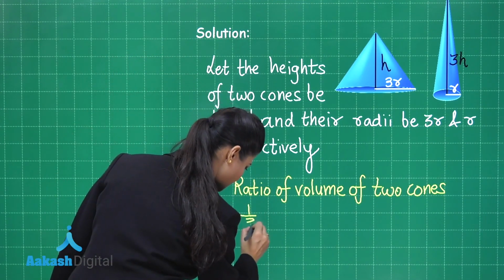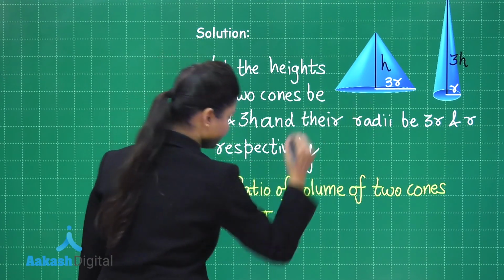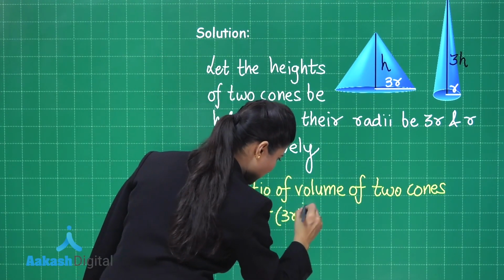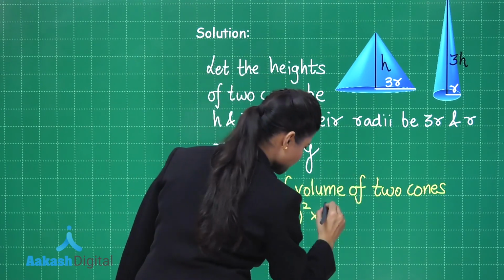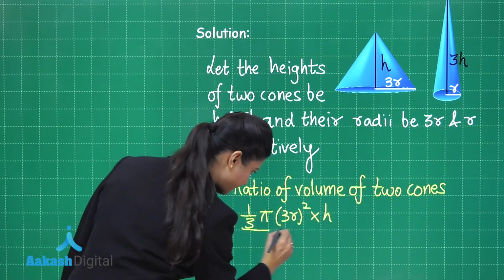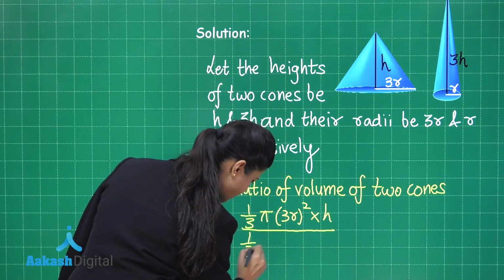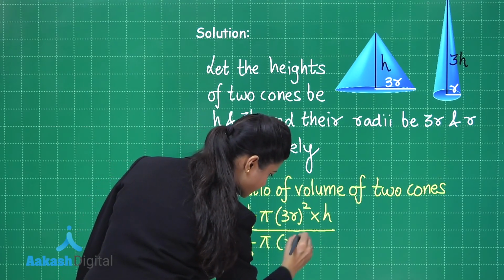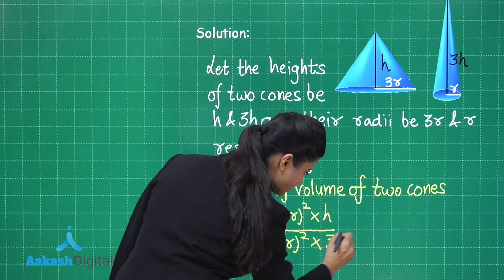So this is 1/3 pi, radius of the first cone is 3r, so this is (3r) square into its height, which is h, upon I have here this another cone having the radii as r, so this is pi r square into height, which is 3h.